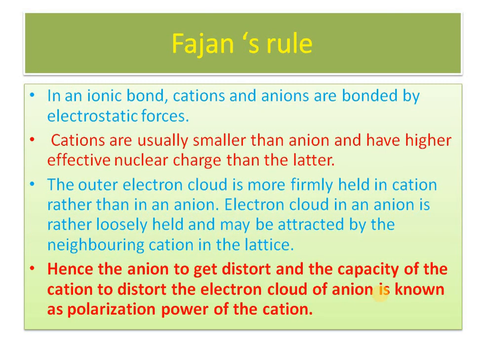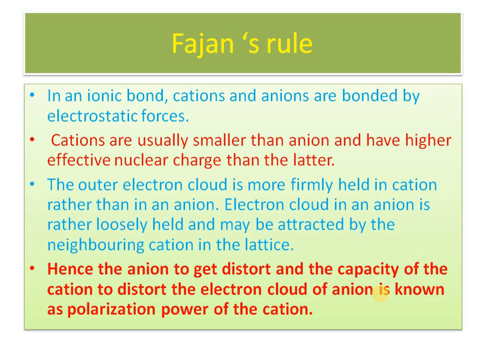Now let us see the important topic, that is Fajan's rule. You should know that in an ionic bond there are two types of ions, cation and anion. Now you know the cation is normally smaller than the neutral atom, and moreover the cation is smaller than the anion if you are talking of an ionic bond. In the case of a cation, the electron cloud is more firmly attached.